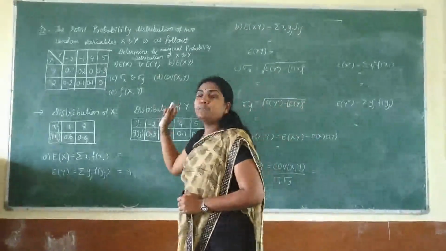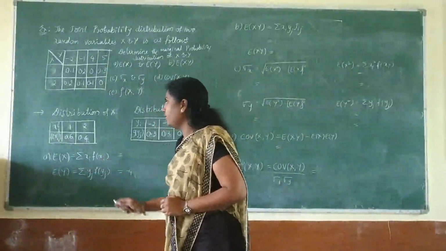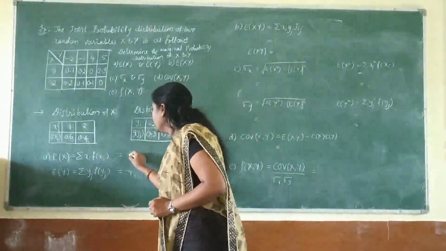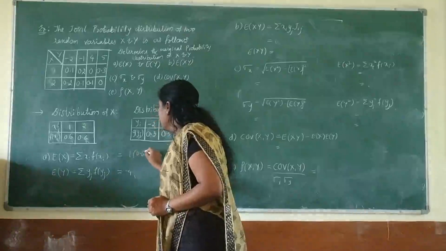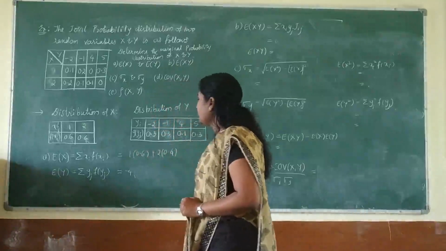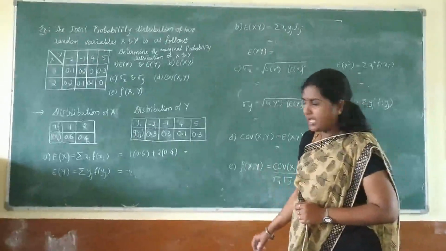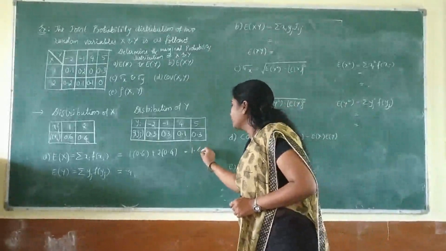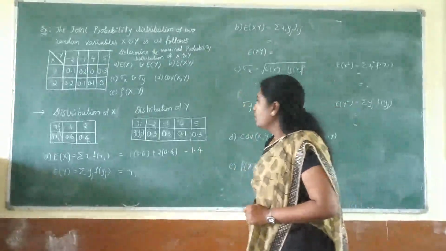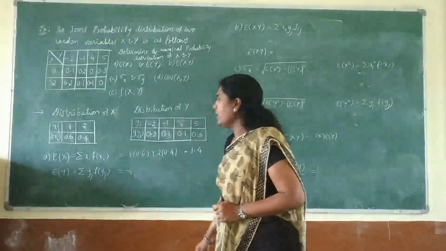Next, expectation of x. We get it by summation of x into f of x. That is 1 into 0.6 plus 2 into 0.4. After simplifying, we get 1.4. Next, expectation of y is the summation of y into f of y.